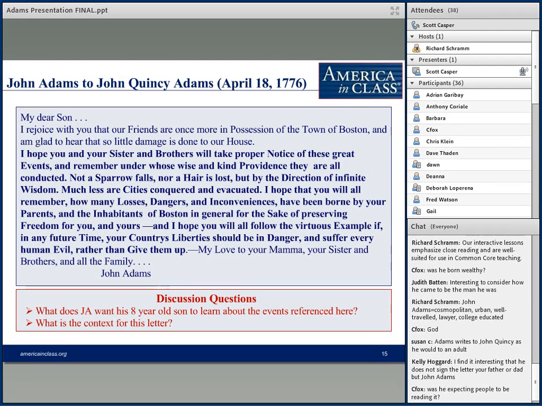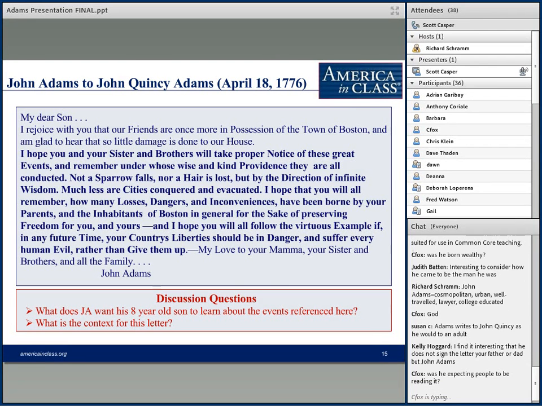It's worth noting, by the way, that John Adams is in Philadelphia when this letter is written. He's a delegate at the Second Continental Congress. John Quincy is home in Braintree, Massachusetts, which is where the family farm is. But it was quite typical for a letter to be circulated at least within the family. It's not a private letter between John and John Quincy.